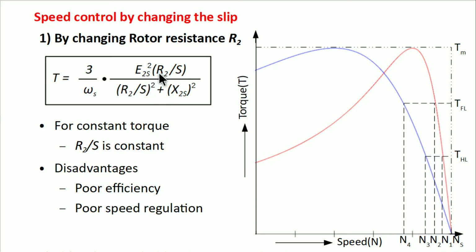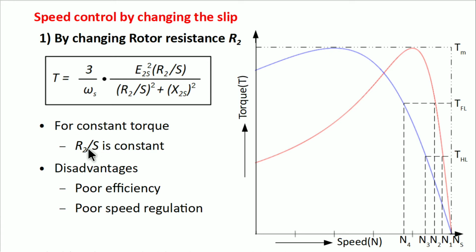The only variable is R2/s. If torque is constant, then R2/s must be constant, because all other terms in this equation are constant. So to have constant torque, R2/s should also be constant.